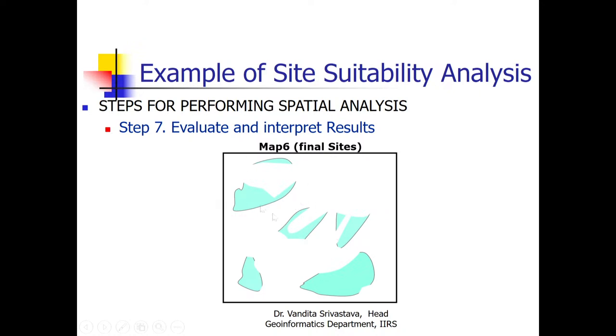Now I can at this stage also keep on adding my criteria. So if I say that I don't want to log all the trees at one time, I will do it in a phased manner, so that by the time I go for phase 2, there are some plantations that have already grown, the younger plantations are already there, so that I do not lose that species at large.